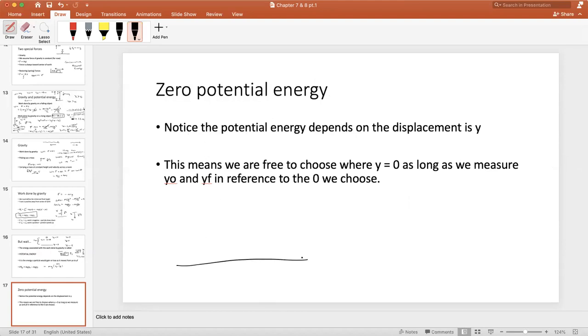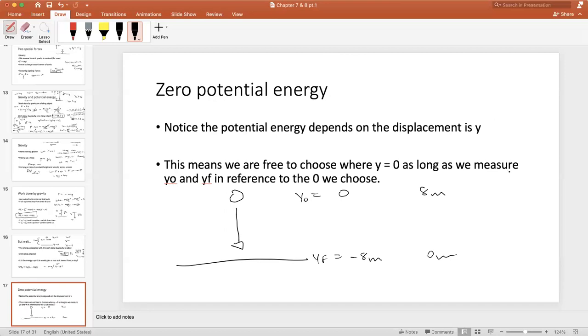So imagine again that we're dropping a ball or an object out of our hand. We could say that y initial was 0, and this whole thing is 8 meters and this is -8. Or we could say this was 8 meters and this was 0 meters. It doesn't matter. We can always choose our 0 for our potential energy.